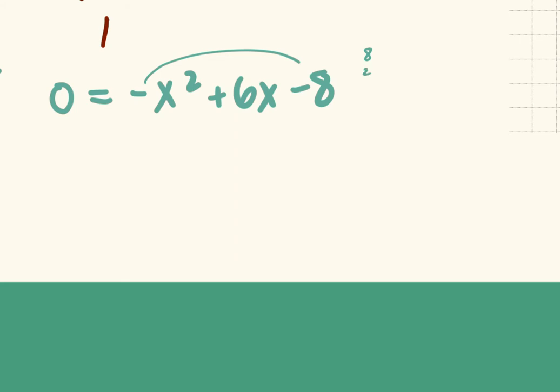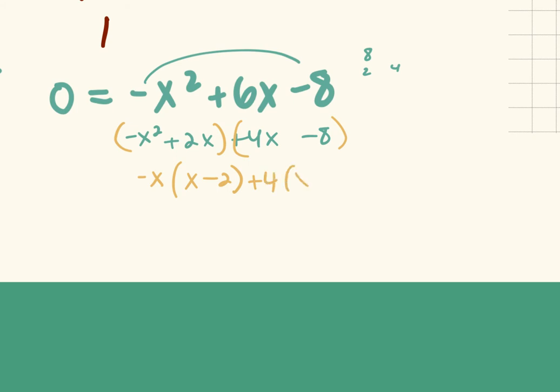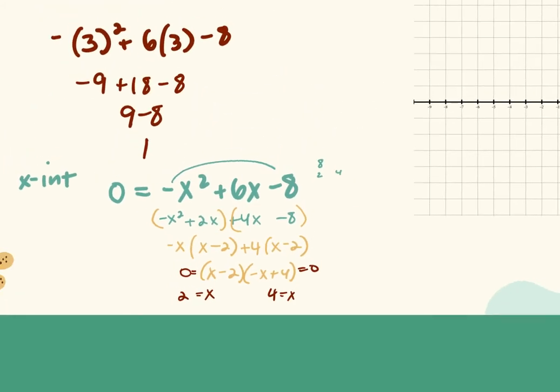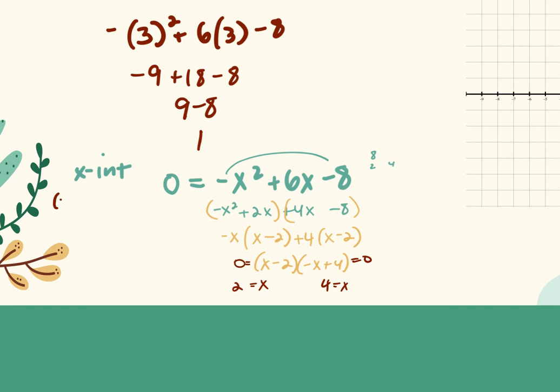Yep, 4 and 2. So I get negative x squared plus 2x plus 4x minus 8. And then I'm going to factor by grouping. Take out a negative x, x minus 2. Take out a positive 4, x minus 2. x minus 2, negative x plus 4, and split and solve. x equals 2, and x equals 4. So my x-intercepts are (2, 0) and (4, 0).